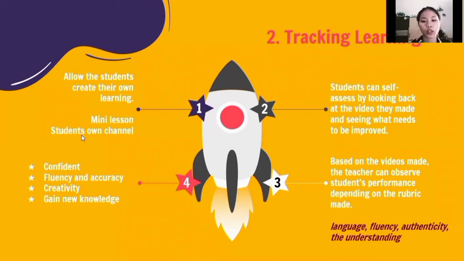Third, based on the videos the student made before, the teacher can observe student performance depending on the rubric that the teacher already provided. And the last one, here students become more confident, with fluency and accuracy, creativity, and gain new knowledge. Also in tracking learning, students can learn about language fluency, authenticity, and the understanding of the language itself. Next.